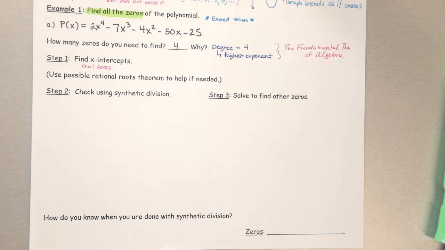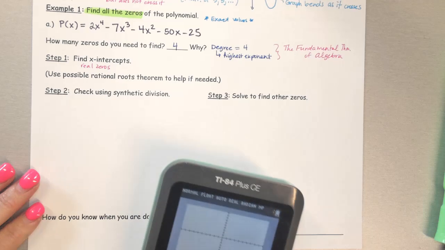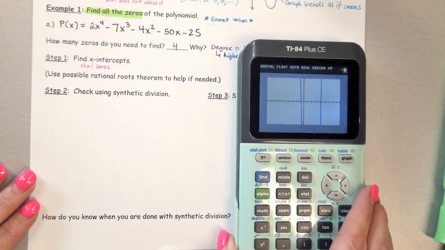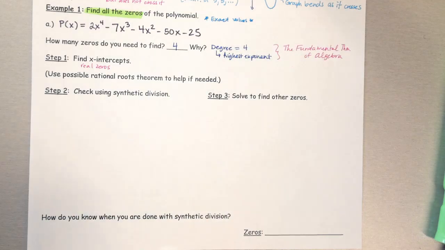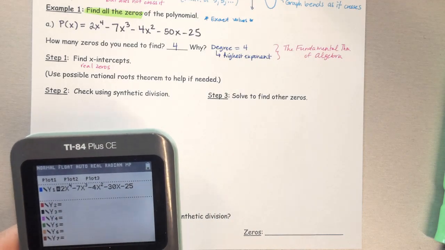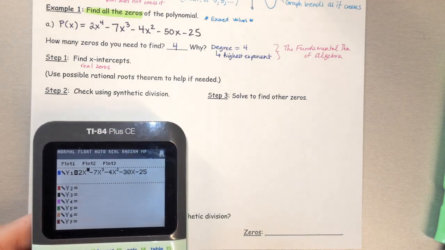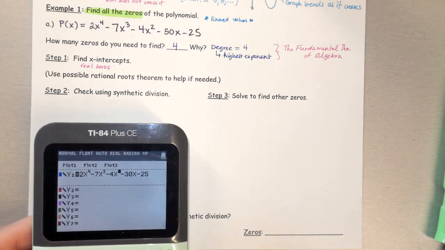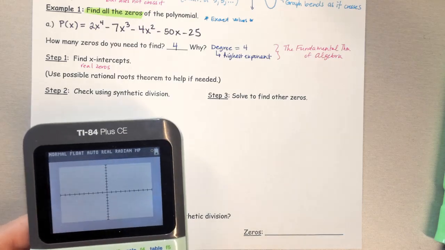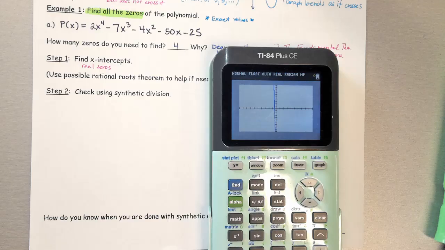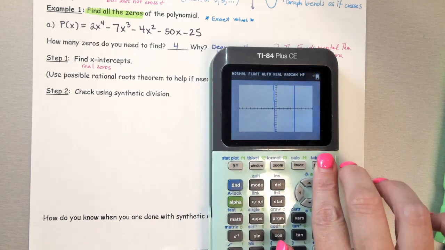Okay, and then once you find your intercept, do what you need to do next. Okay, and then once you're looking at the graph, you can verify it with your table.